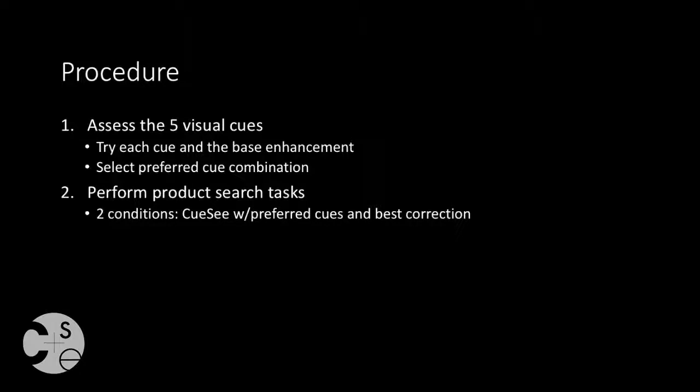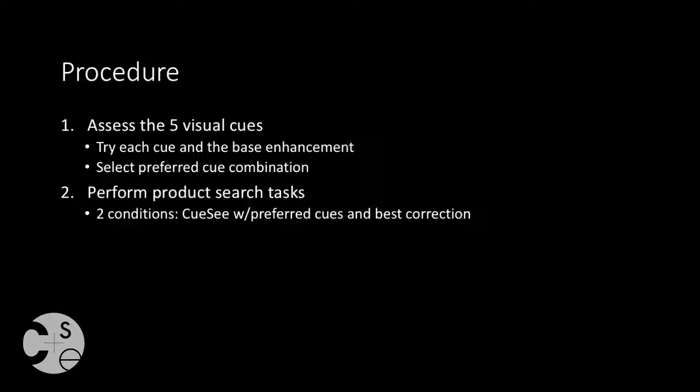So in the study, the procedure was one session, and there were two main things that we investigated. The first thing we wanted to assess was the effectiveness of the different cues. So we asked participants to try out each of the 5 cues and to find specified products with them, and then just to try out the base enhancement. Who knows? Maybe we don't even need cues to begin with.